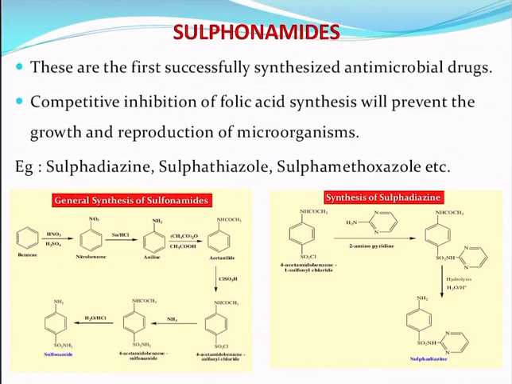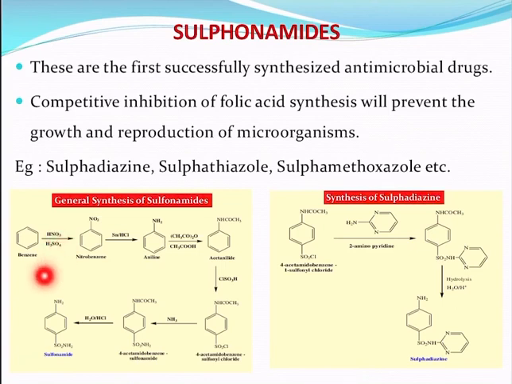Sulfacetamide is also prepared by the selective and partial hydrolysis of the N,N-diacetyl derivative of sulfanilamide, which is obtained by the acetylation of sulfanilamide. These are the two general methods for the synthesis of sulfonamides and sulfadiazines.